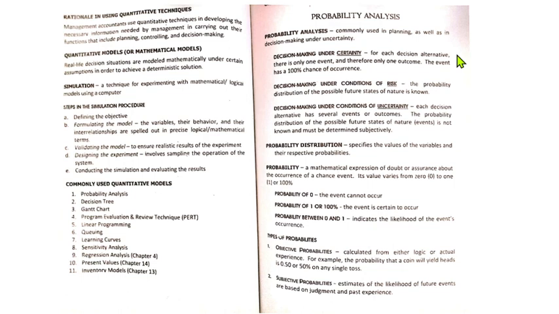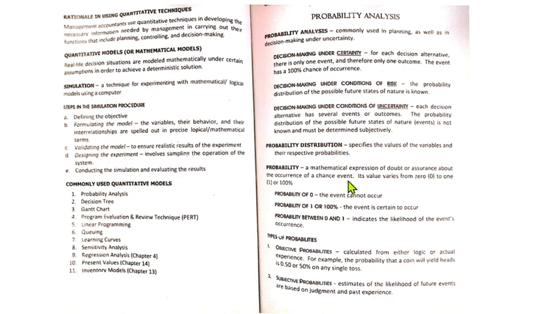Next, decision making under conditions of risk. The probability distribution of the possible future states of nature is known. So we have to understand these conditions of risk, we have to refer to conditions of uncertainty. Each decision alternative has several events or outcomes. The probability distribution of the possible future states of nature or events is not known and must be determined subjectively.